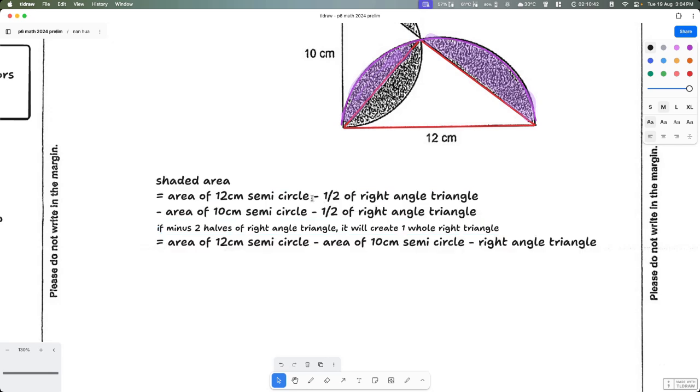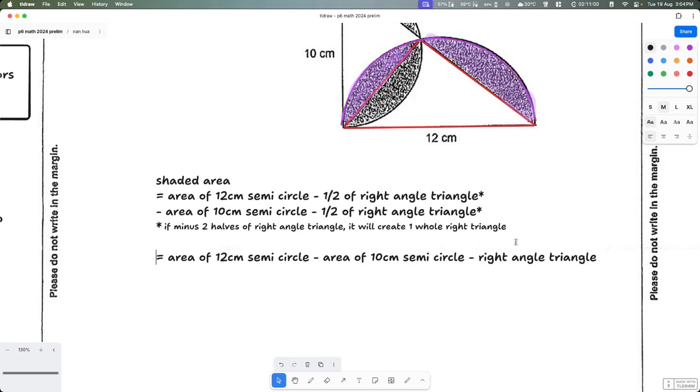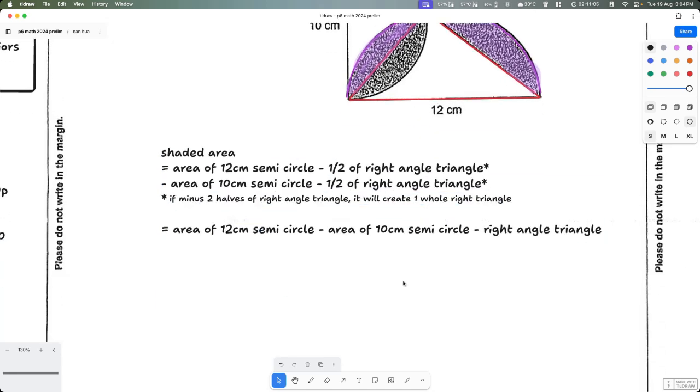Let me put a star at the end. If minus 2 halves of the right angle triangle, it becomes like this. So area of 12 centimeter semicircle, and so on. Then we just need to calculate all of this.